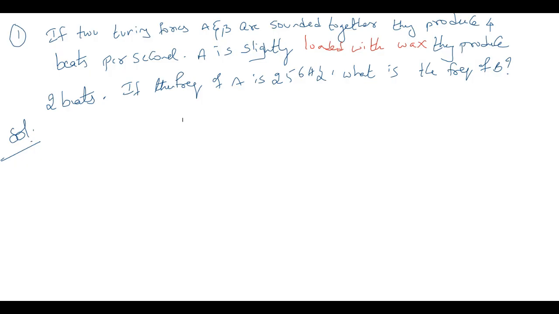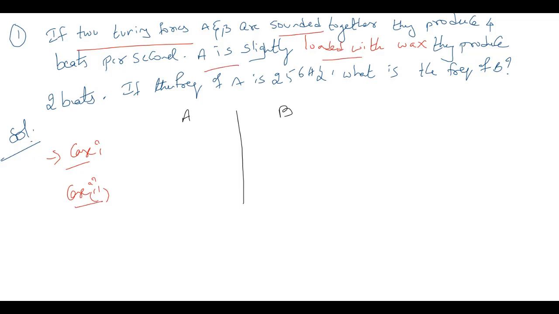Understood? So we have two tuning forks. Let us consider tuning fork A, tuning fork B. Let us take cases here. Case 1, case 2. Case 1 is the first case, when two tuning forks are sounded together. Second case, when loaded with wax and then they are sounded.